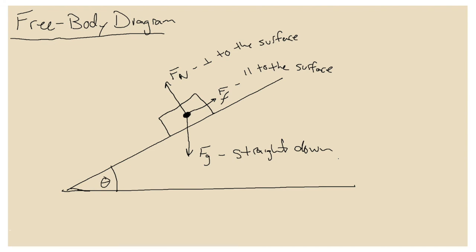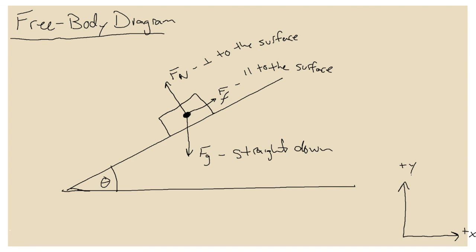And the problem that we have is that when we use a traditional coordinate axis with the positive x going in one direction and the positive y going in a direction perpendicular to that, like horizontal and vertical, it should be clear that while the force of gravity is acting straight down and really is acting purely in the negative y direction, the normal force is not acting perfectly along the y-axis.